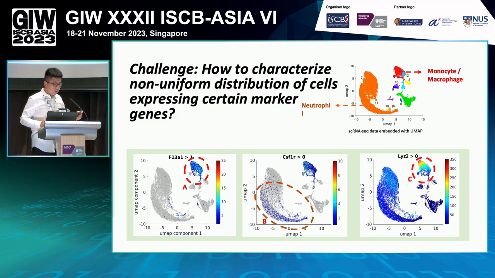So the challenge starts with how we can characterize these non-uniform distributions of cells expressing a certain marker gene. In the example I referred to previously, we have the neutrophil as this cluster and the monocyte/macrophages as the other. As mentioned before, we have three cases. First, a gene is present in only one of the two clusters.